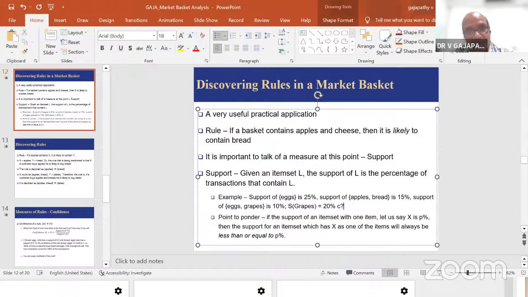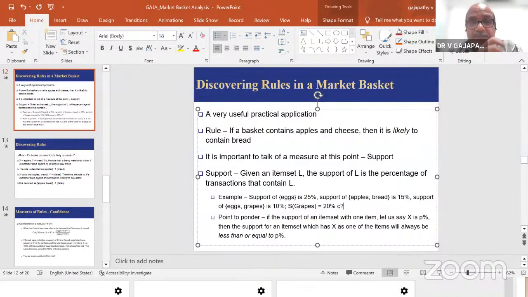Now what I'm telling is, out of 100 transactions, 20 transactions are containing grapes. Now the support of grapes is 20%. Now I'm just extending.